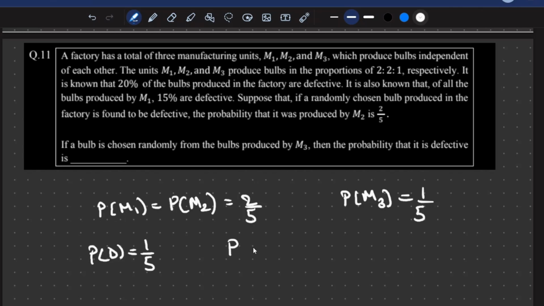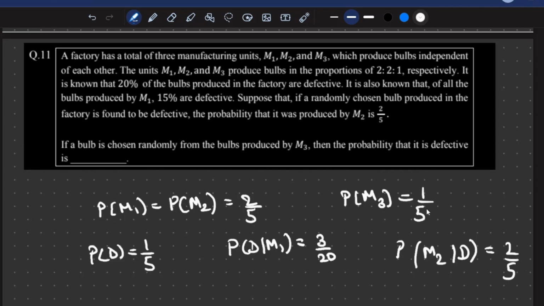And probability that it is defective given it is from M1 is 15%, right? 3 by 20. Okay. And one more thing is given, that probability that a bulb is from M2 given that it is defective is 2 by 5.